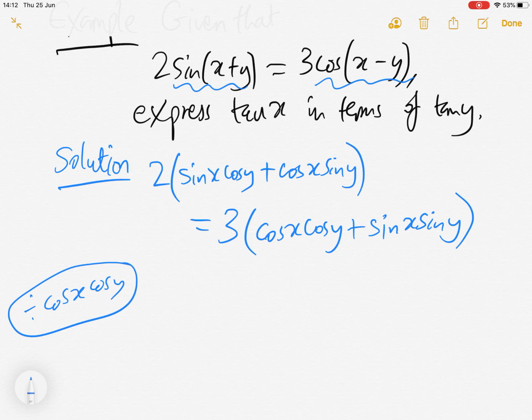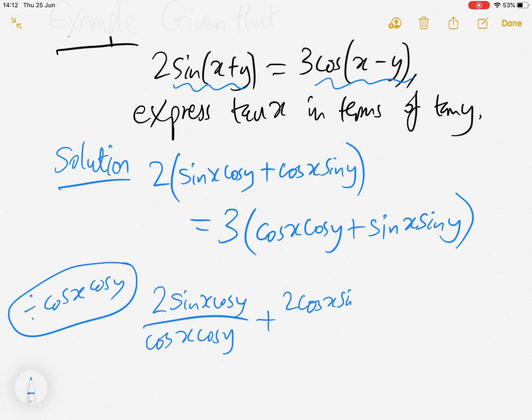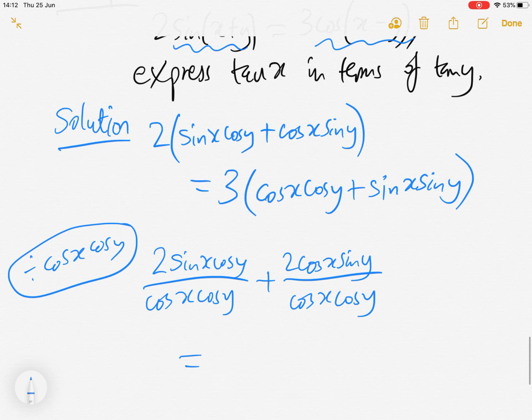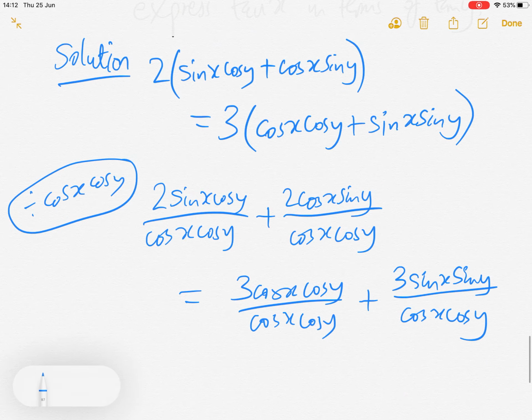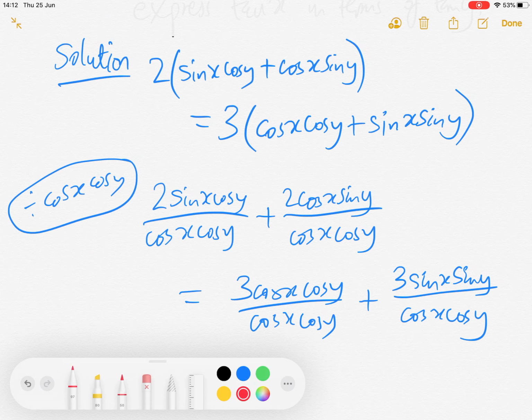So we're going to get 2 sine x cos y over cos x cos y plus 2 cos x sine y over cos x cos y equals 3 cos x cos y over cos x cos y plus 3 sine x sine y over cos x cos y. And then we cancel everything we possibly can.